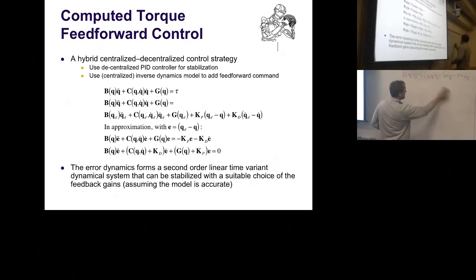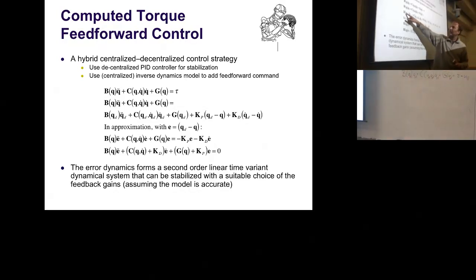Essentially, you're assuming that when you compute B of Q desired and B of Q, you assume they are roughly the same. That means Q desired is not too far away from Q. Only under these circumstances can I basically write an error term.